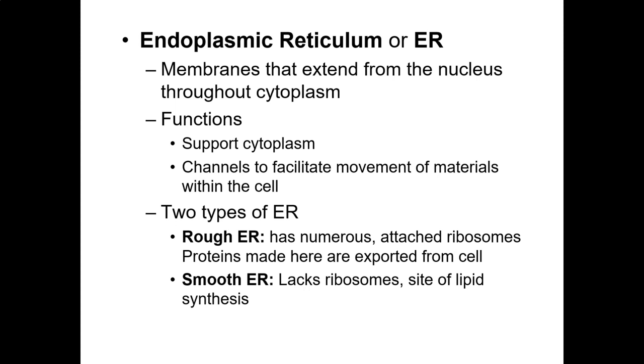Rough ER is kind of studded with ribosomes, and the rough ER is the site of where proteins are made and where they are exported from. Smooth ER does not have any ribosomes, and this is where we find lipid synthesis. So rough ER is protein synthesis. Smooth ER is lipid synthesis.